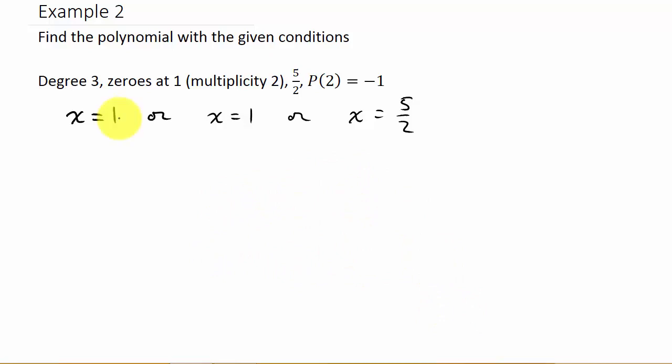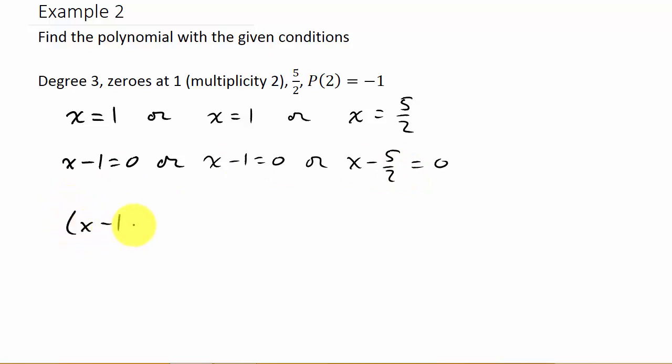Now if we subtract 1 from both sides, that gives me x minus 1 equals 0, same thing here, x minus 1 equals 0, and subtract 5/2, so x minus 5/2 equals 0. Now we can multiply these together, so that's x minus 1 times x minus 1 times x minus 5/2 equals 0.